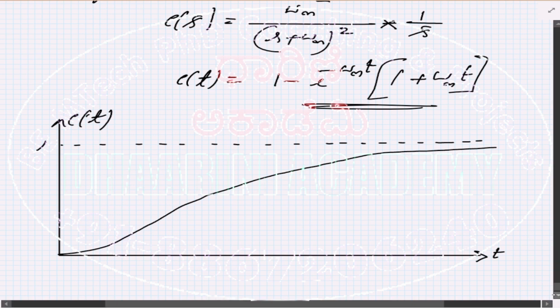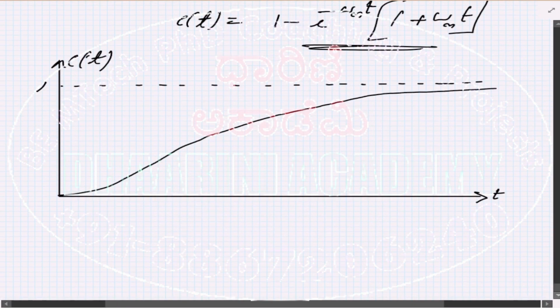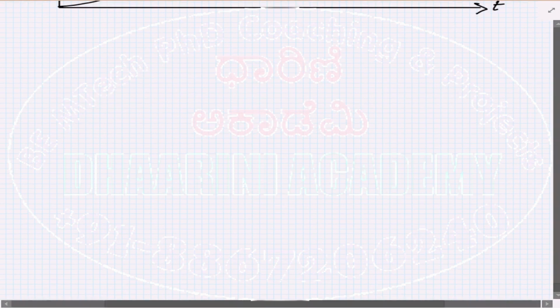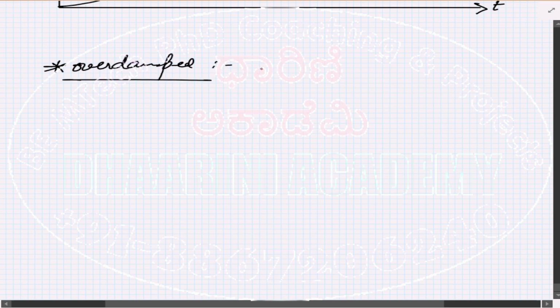And we go for the fourth case now. The fourth case is called overdamped, where the zeta value is much greater than 1.